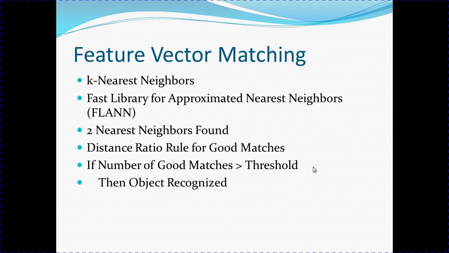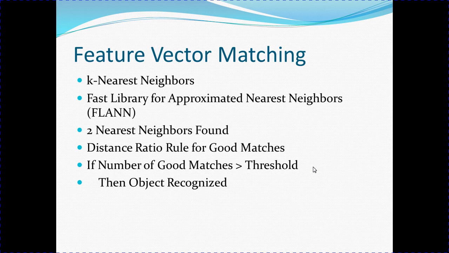The algorithm returns two nearest matches. With these two nearest matches, a simple distance ratio is applied to ensure that they were a good fit. The distance ratio between the two neighbors was determined to be 0.6. If this value was greater than this, then the first match was accepted as a good match.